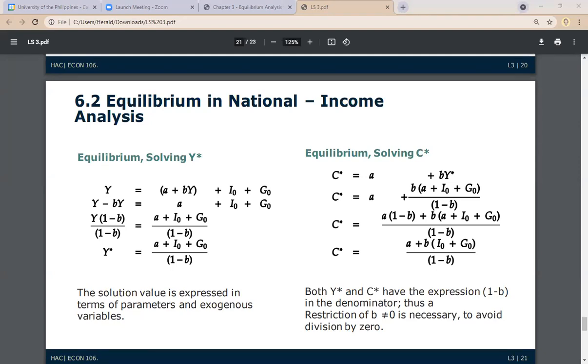Again, to help us better build up our understanding of equilibrium, first review the theories that we have learned in the prerequisites, as well as what we've learned in Math 100 in solving those functions.